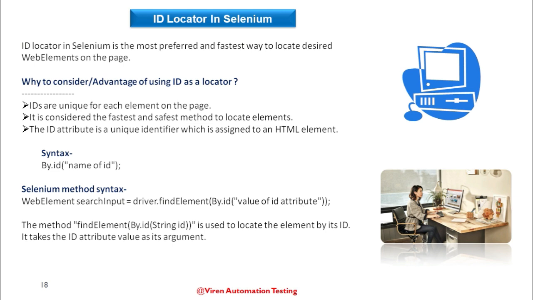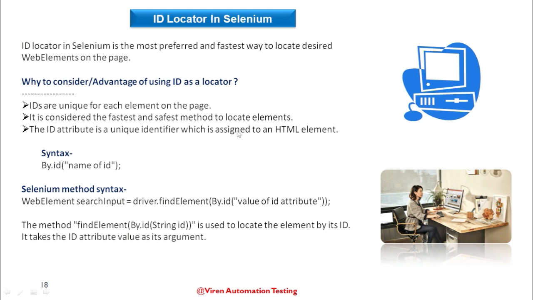Then you can provide the value of the ID attribute. Now it is saying the method findElement By.id takes a string ID used to locate the element by its ID. If the element doesn't have the ID, then you cannot use the ID locators. It takes the ID attribute value as an argument.